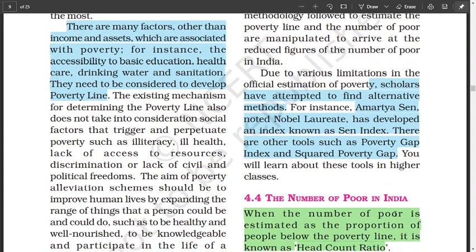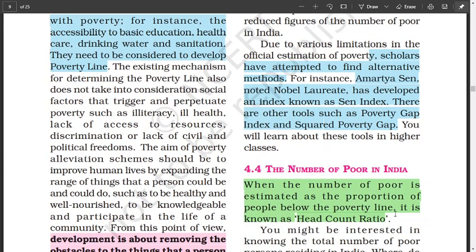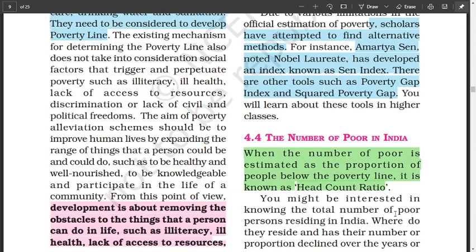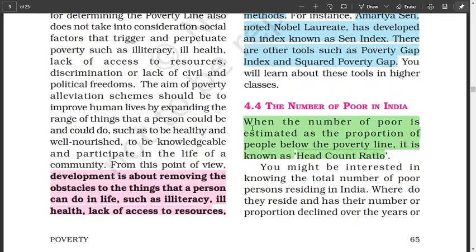Now we need to know about the extent of the poor people in India. And how do we count that? When the number of poor people is estimated, counted as a proportion of people below the poverty line, it is known as the head count ratio.